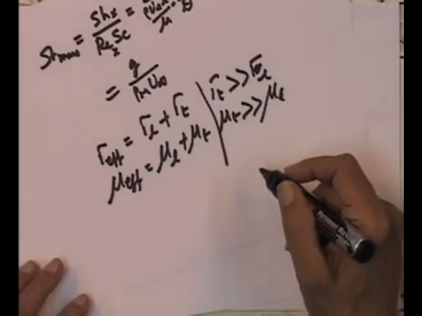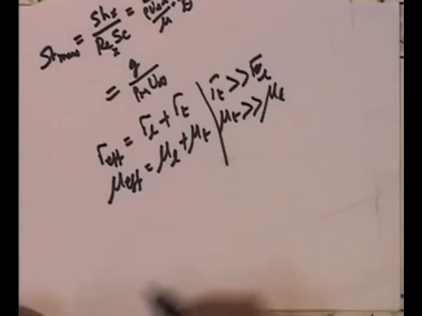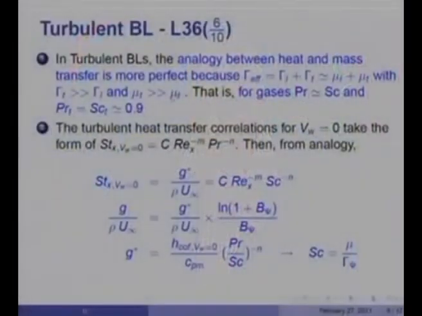And therefore, the analogy between momentum and heat and mass transfers actually holds much better in fact for turbulent boundary layers. The turbulent heat transfer correlations for V w equal to 0 take the form of Stanton x, V w equal to 0 equal to C Reynolds x to the power of minus m and Prandtl to the minus n. This you remember.